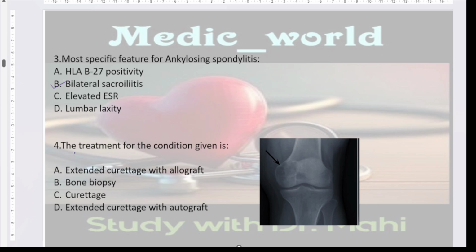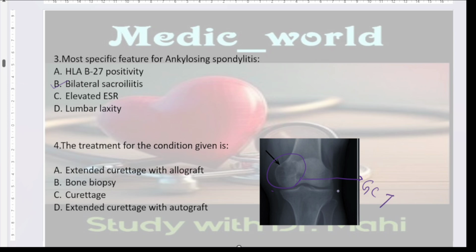Now, the next question is the treatment for the condition given is. The condition given here is an expansile eccentric subarticular lytic lesion in the epiphysis of distal femur, with a soap bubble appearance, which points towards the diagnosis of giant cell tumor.